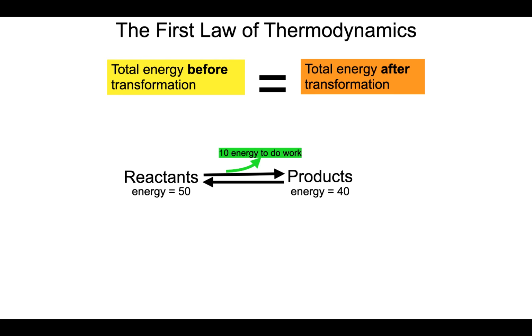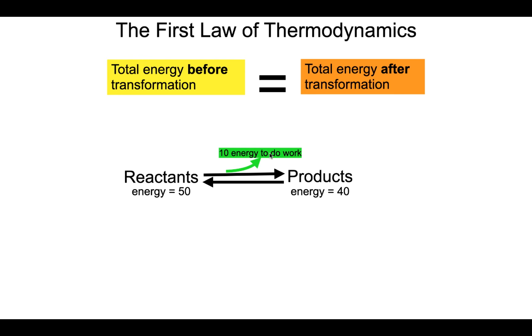It was released as energy that can be used to do some sort of work. All reactions proceed with the release of energy. They always proceed from high energy to low energy, and that difference is the energy that has been used or can be used to do work. That's the first law of thermodynamics.